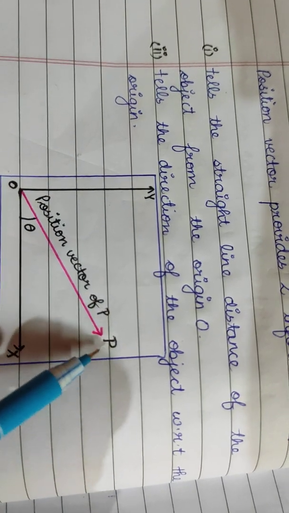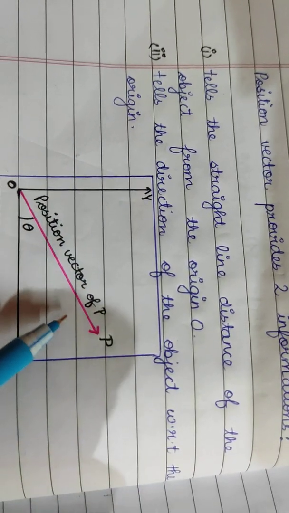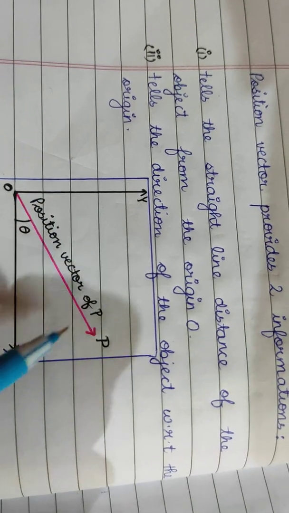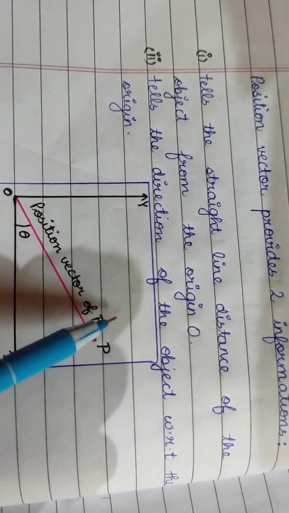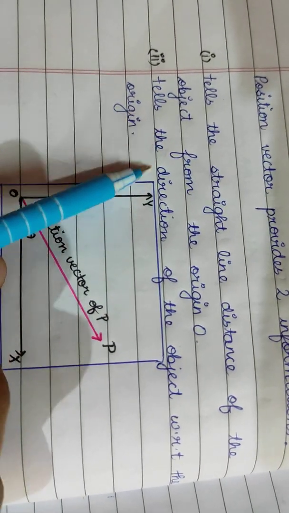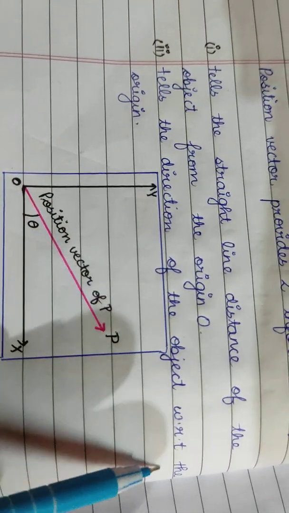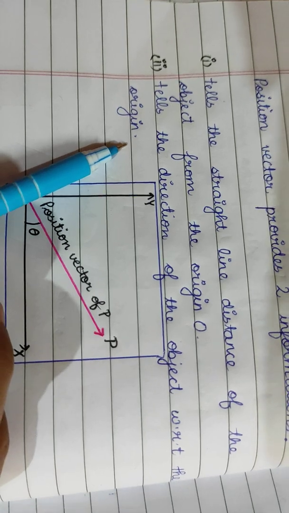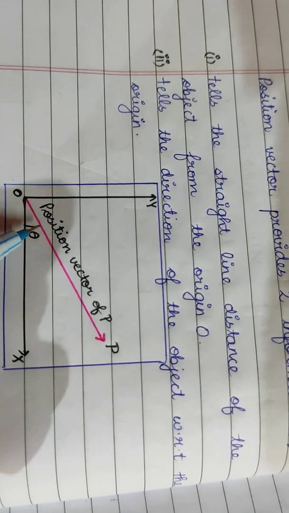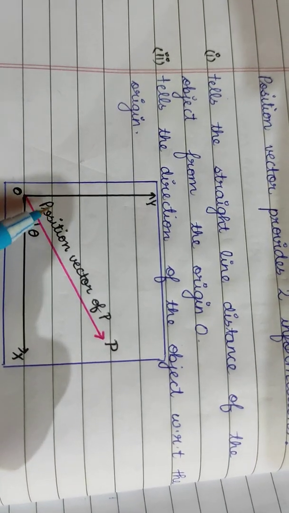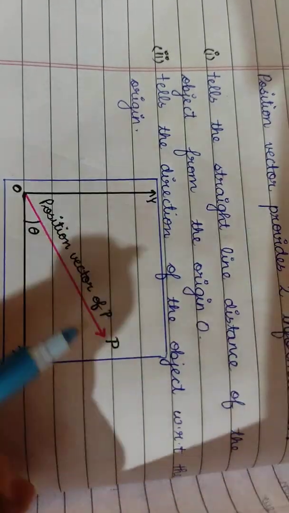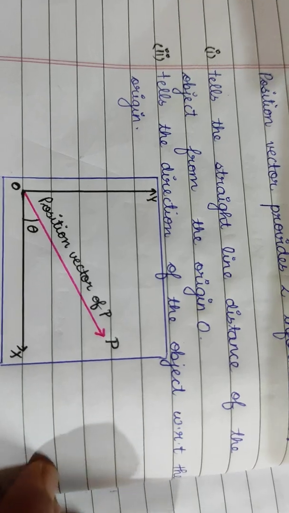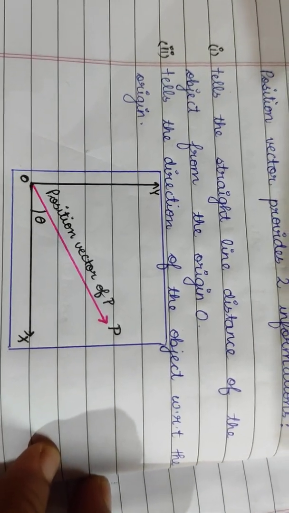As this head is pointing somewhat northeast, it is inclined at some angle with the x-axis. So it tells the direction of the object with respect to the origin.